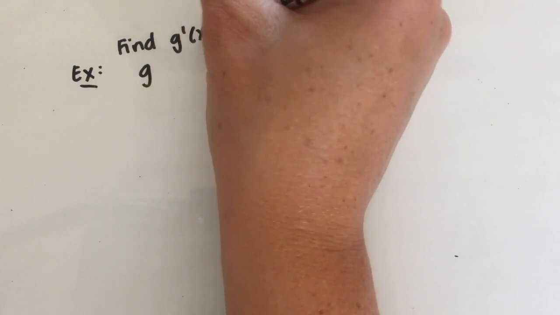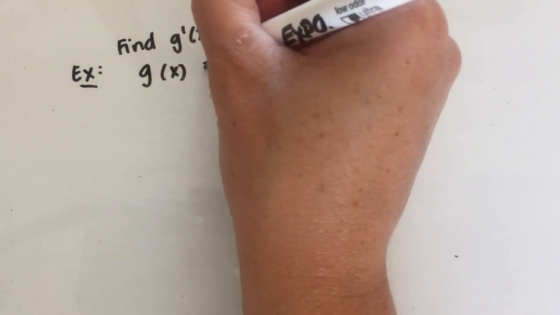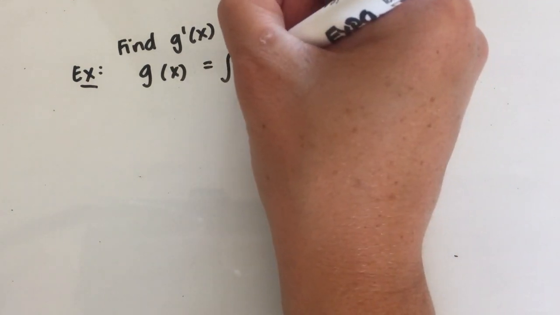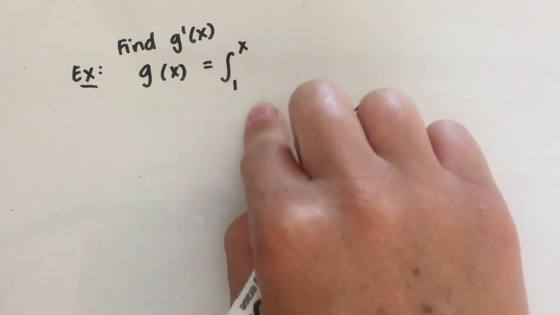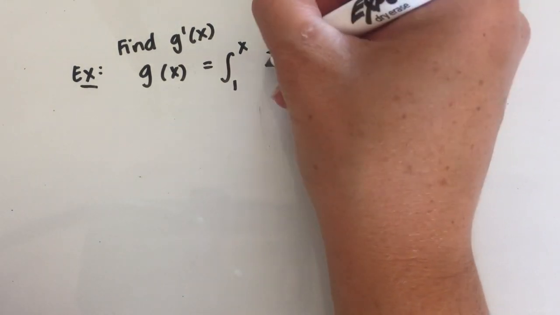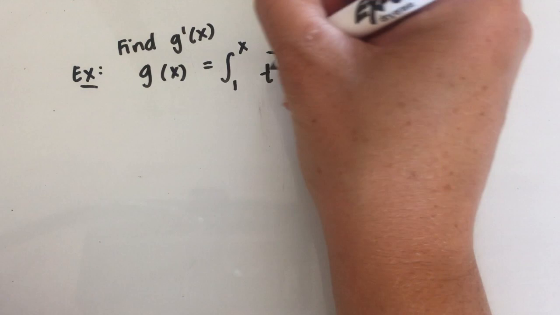For my first example, we want to find g prime of x when g of x equals the integral from 1 to x of 1 divided by t cubed plus 1 dt.